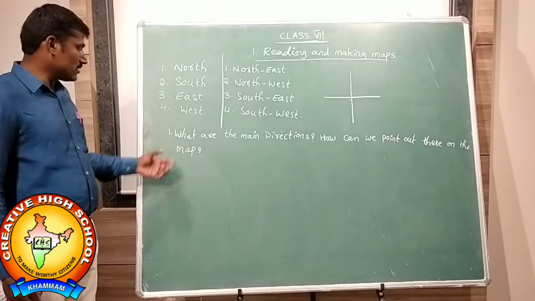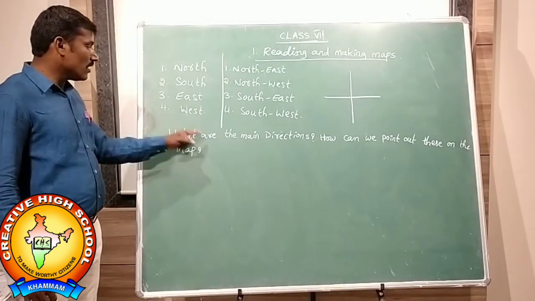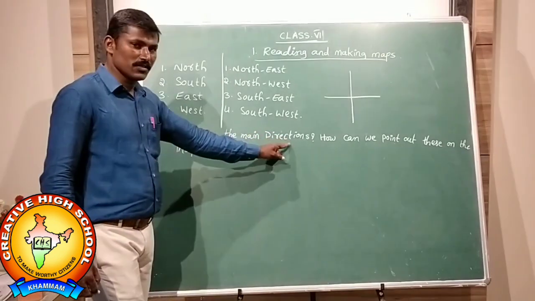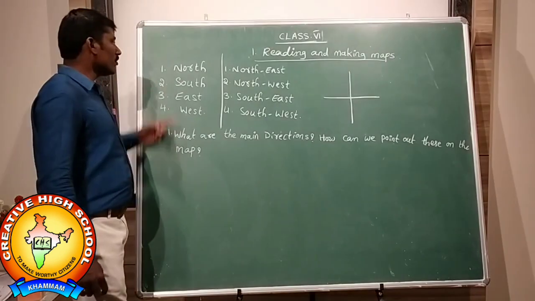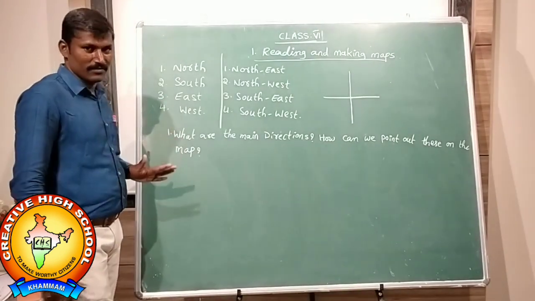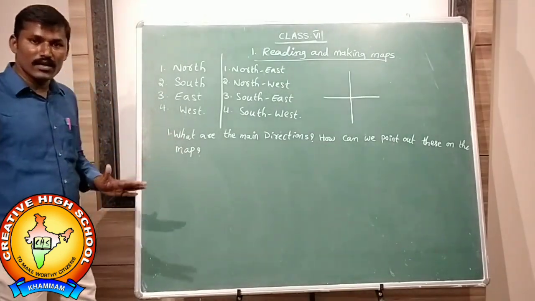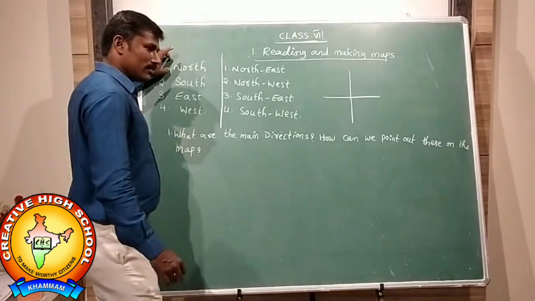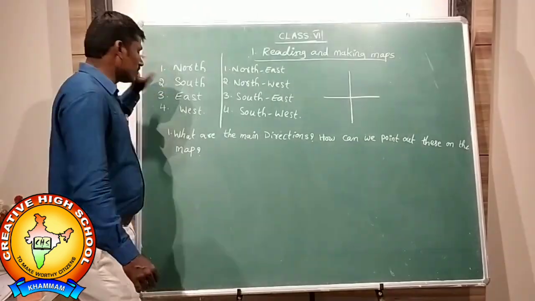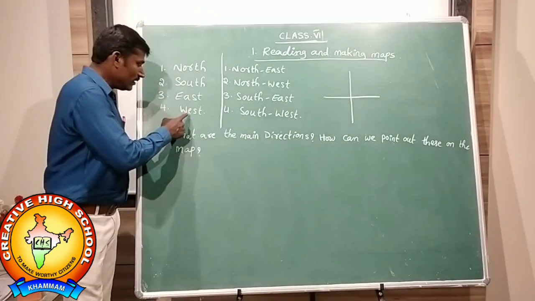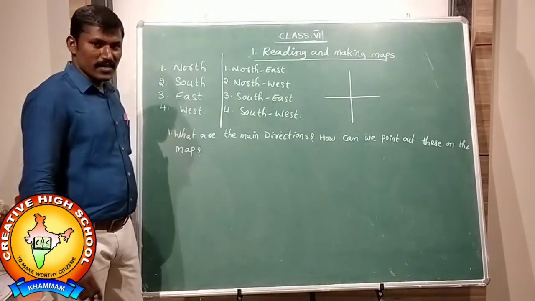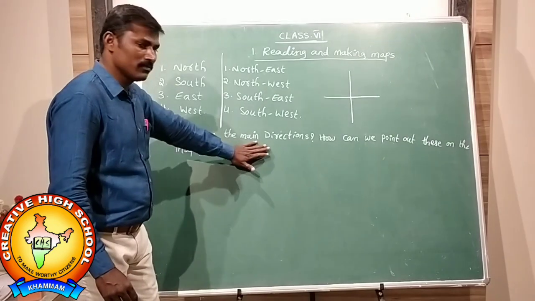This is the question. Once again, let us see here. What are the main directions? There are 4 main directions. What are they? North, south, east, and last one is west. Completed here.